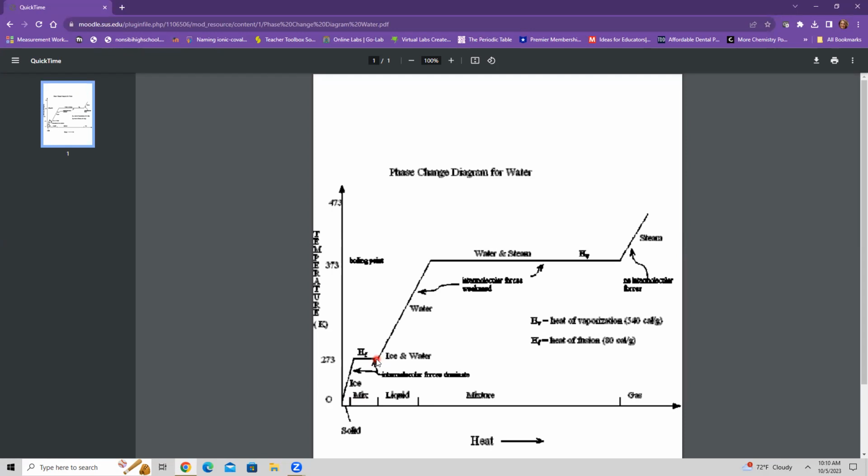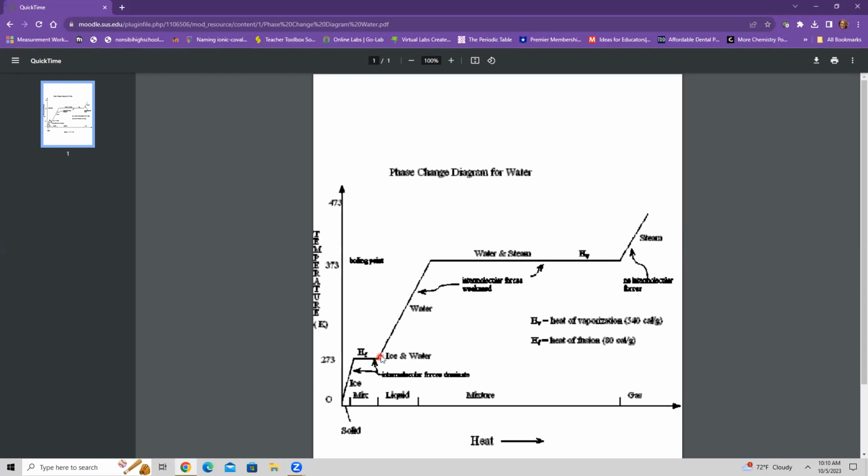So the amount of energy that it takes to change 1 gram of water from a solid to a liquid, or a liquid to a solid, it goes both ways, is 80 calories per gram. Okay. And it's always by gram because it's by mass.